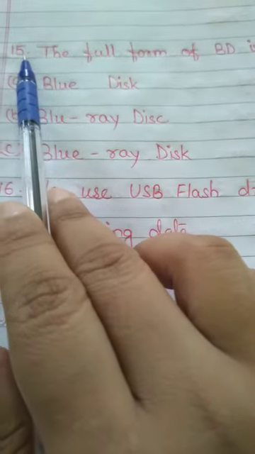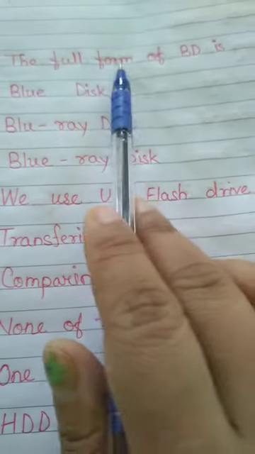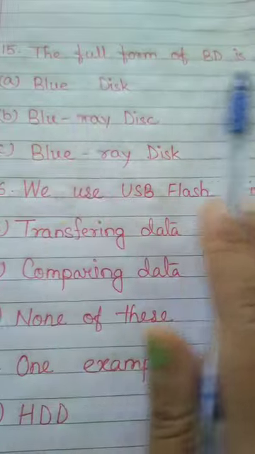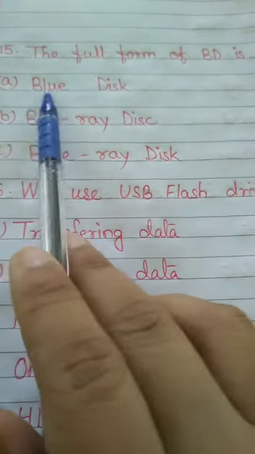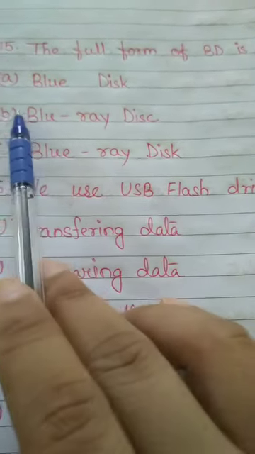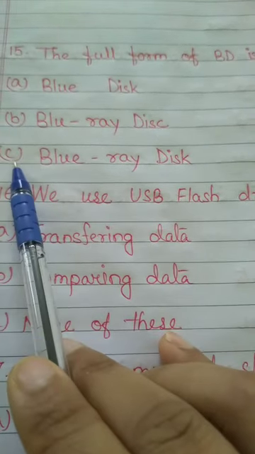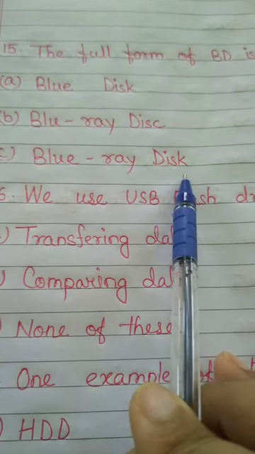Question number 15. The full form of BD is option A, blue disc, option B, Blu-ray disc, option C, Blu-ray disc.